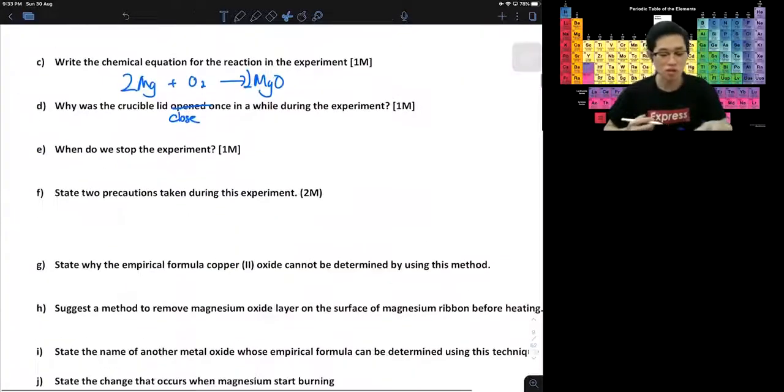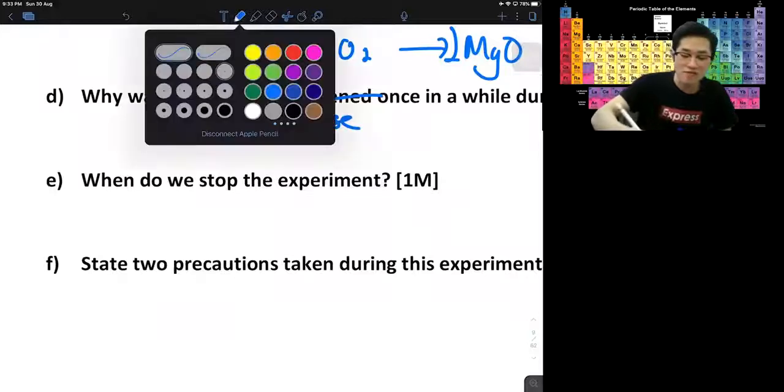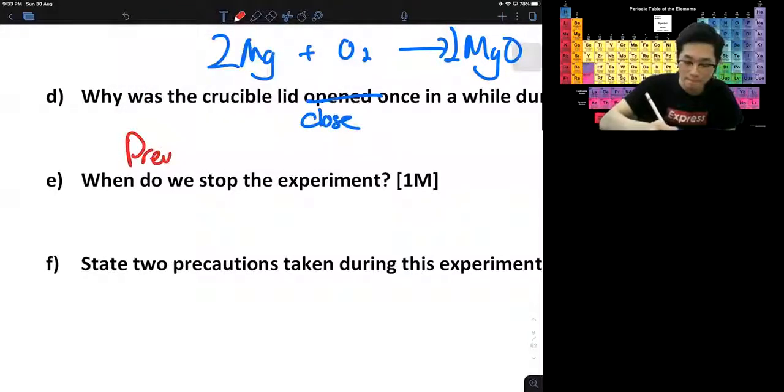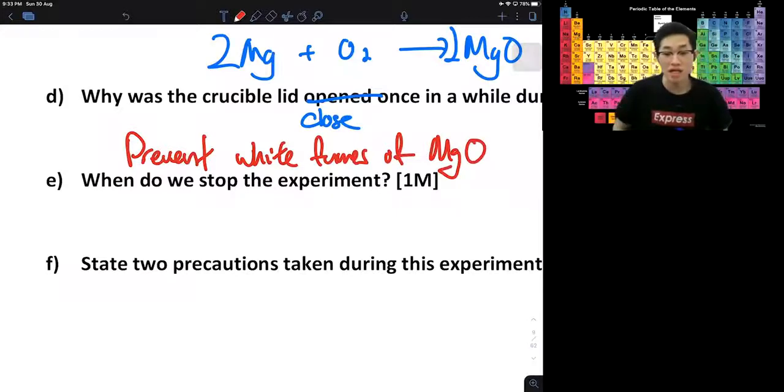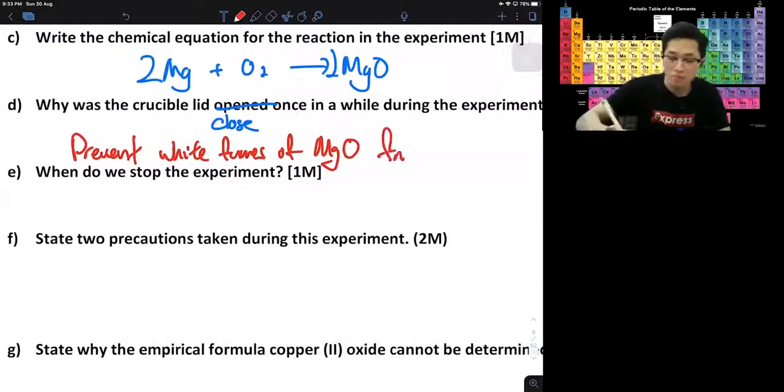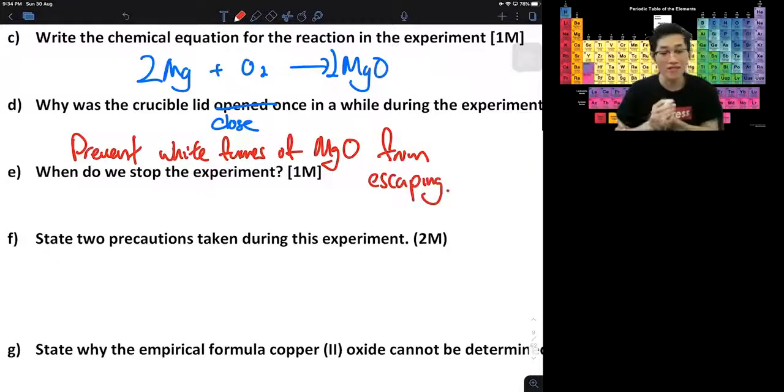Why do you have to close? Close is to prevent the white fumes of magnesium oxide from escaping. The white fumes are actually the product, magnesium oxide.